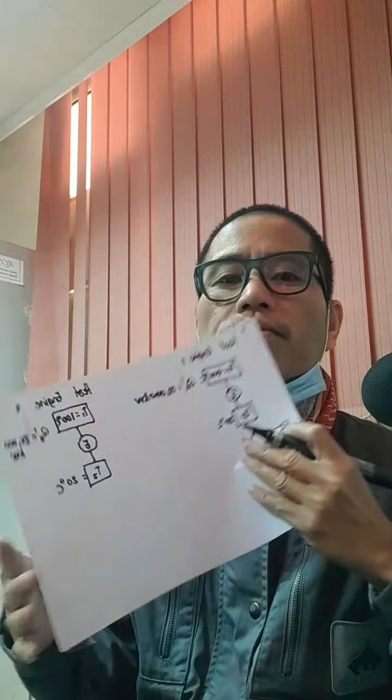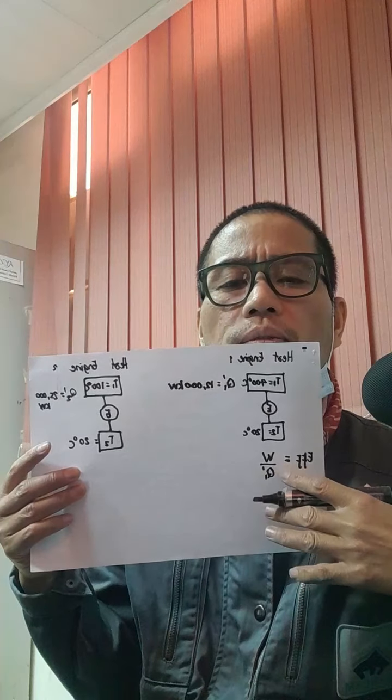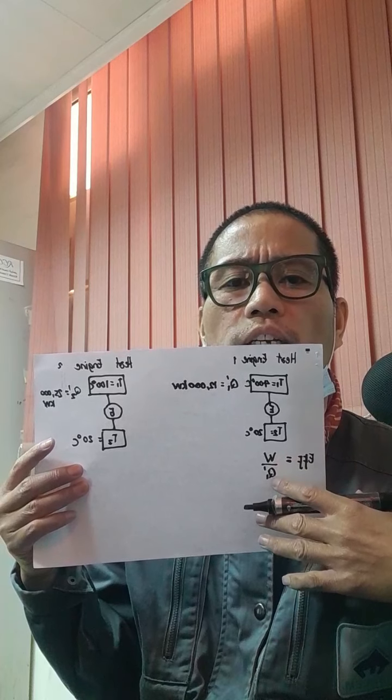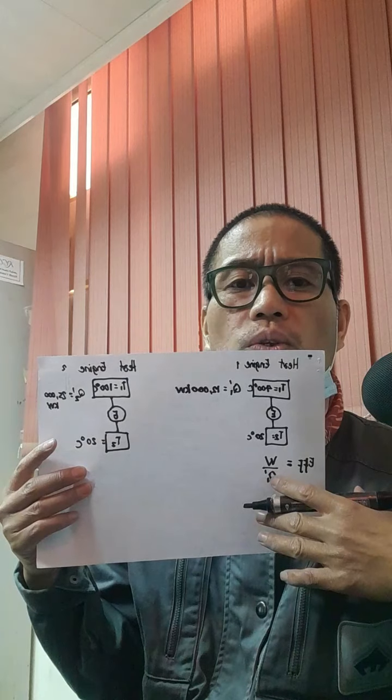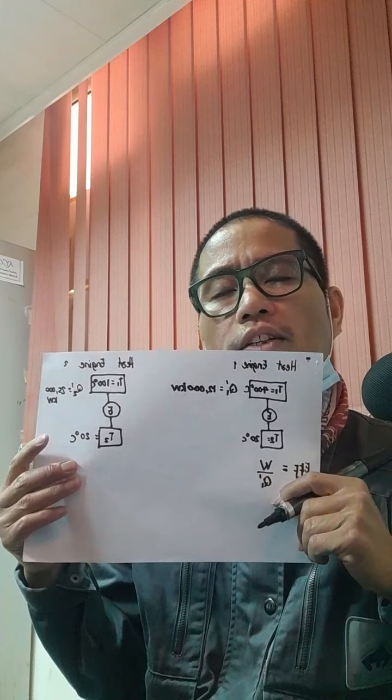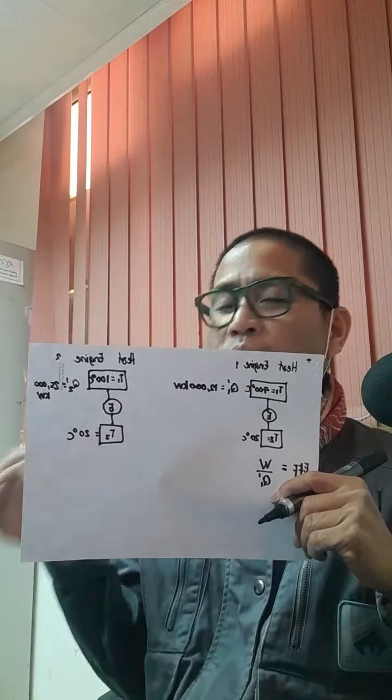Efficiency is equal to work output over Q1, right? Work output is equal to work input, and this Q1 apostrophe is just equal to work because the change in the internal energy is equal to 0. Q is equal to W.